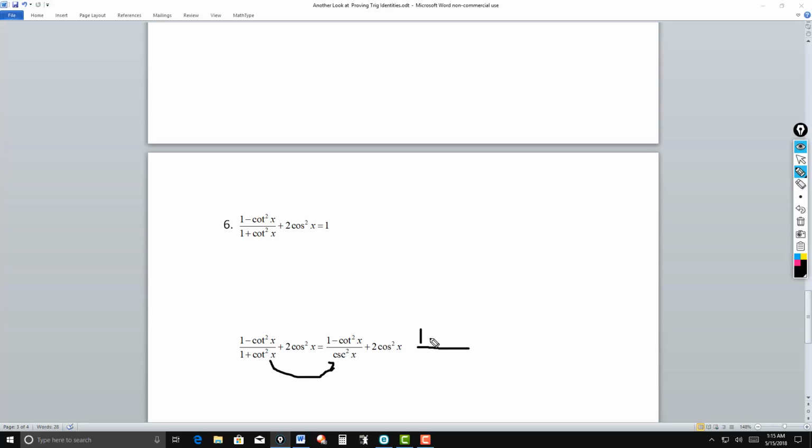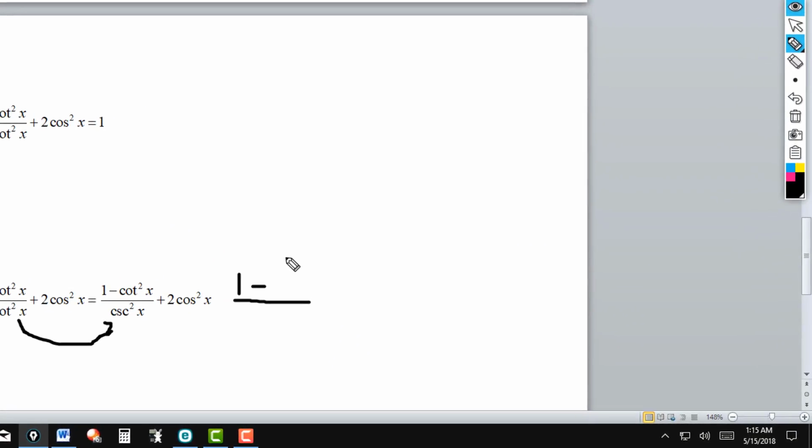So in the next one, then, what I'm going to do is write cotangent squared of x as cosine squared of x over sine squared.